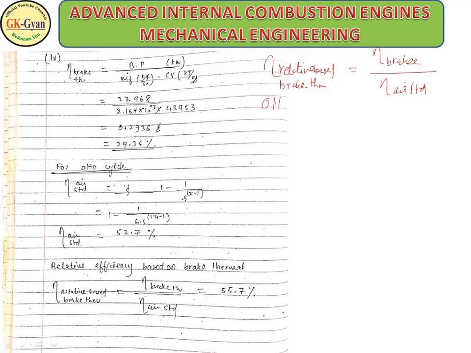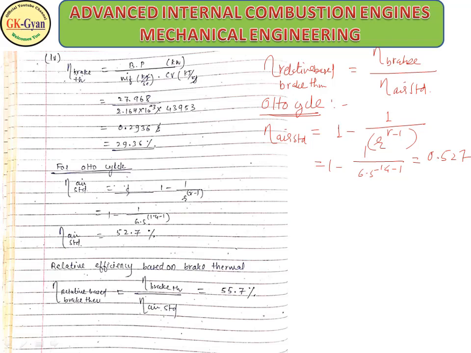It is based on the Otto cycle. We know that air standard efficiency is given as 1 minus 1 upon compression ratio to the power gamma minus 1. So it is 1 minus 1 upon compression ratio, given as 6.5, to the power gamma, 1.4, minus 1. So it is calculated as 0.527.